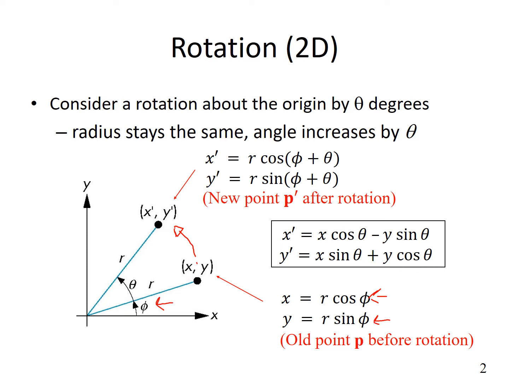Now, after rotation, this angle increases to phi plus theta, and hence we have r cos(phi plus theta) to give us x dash, the new location of the point, and y dash as r sin(phi plus theta). Now, if you use the formula for expanding cos(phi plus theta) and sin(phi plus theta), we will get this representation.